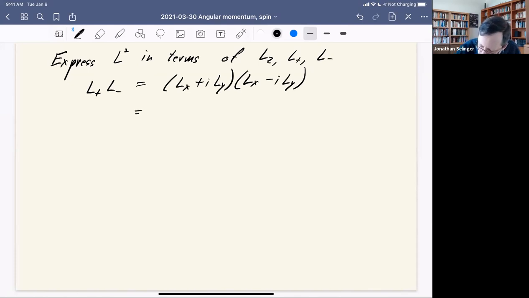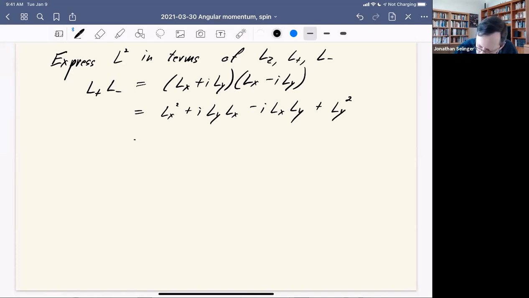Let's see, what is it? It's LX squared plus I LY LX, from the second term times the first. And then there's this times that, so that is minus I LX LY. And for the last term, it's plus I times negative I, so that's a plus LY squared.